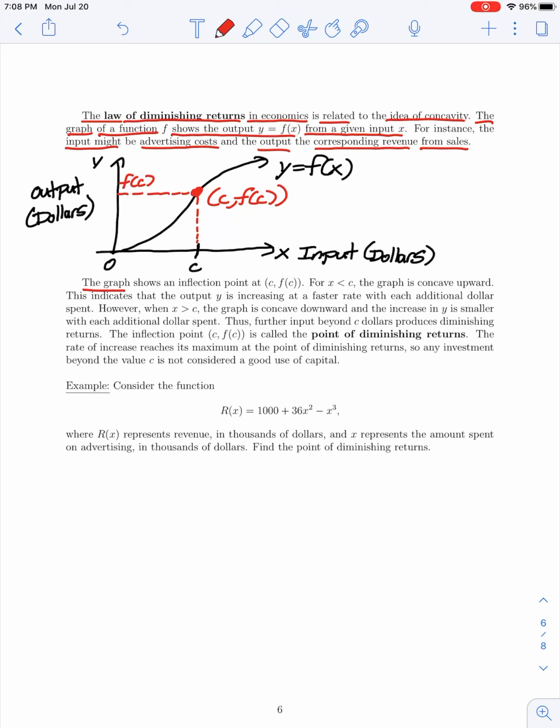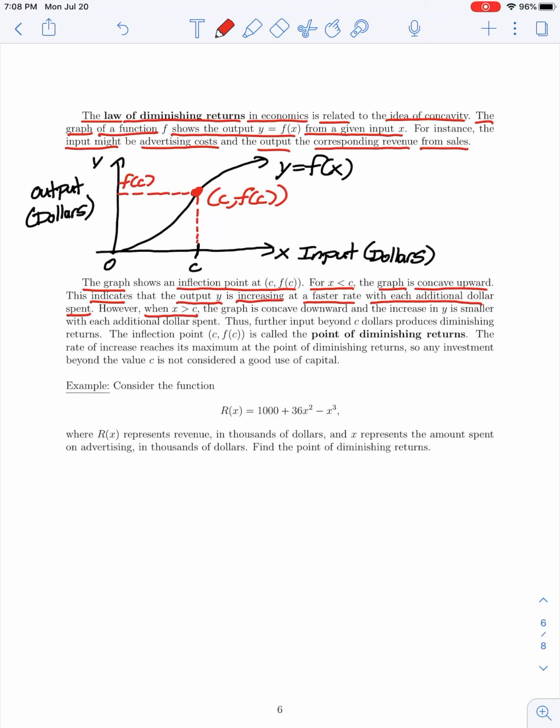So our graph here is illustrating an inflection point at the point c, f of c, and for values of x less than c, the graph of our function is concave upward, which indicates that our output, say revenue, is increasing at a faster rate with each additional dollar spent.